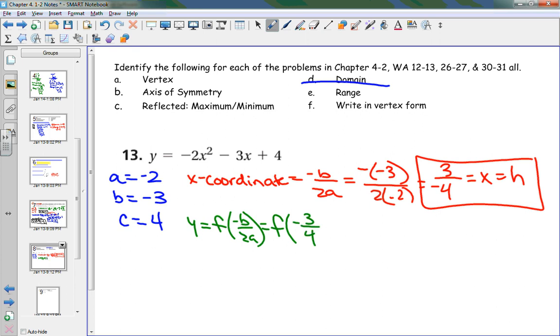Doesn't matter where you put the negative as long as the whole fraction is negative. Now, what is f defined to be? It's the same thing as y. What is y here? Negative 2 times negative 3/4 squared minus 3 times negative 3/4 plus 4.